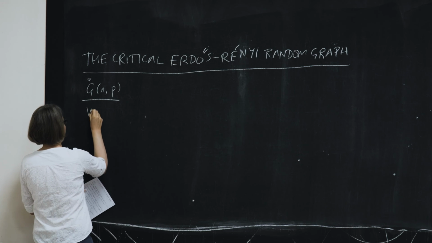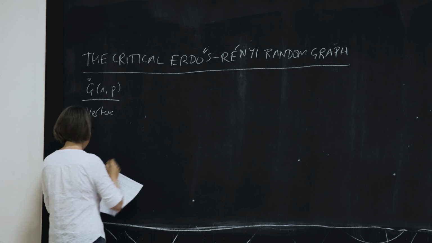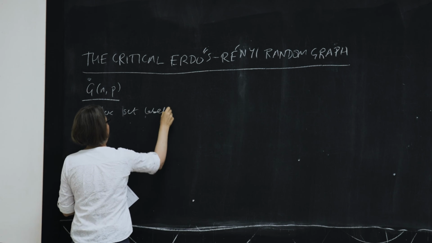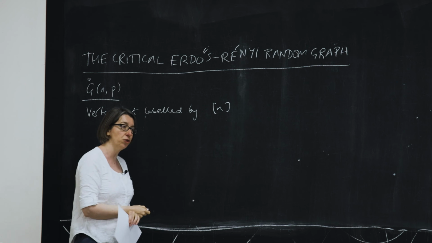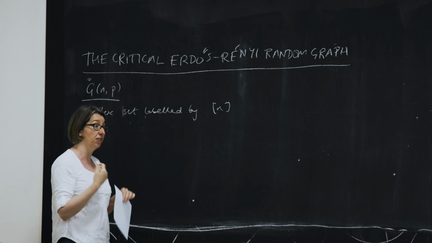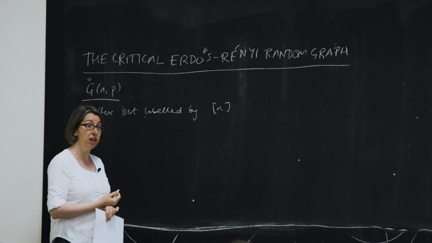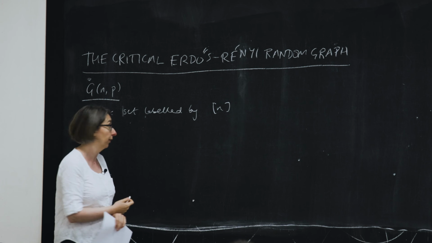Here we have the vertex set, again labelled by the natural numbers 1 up to n. That means that there are n choose 2 possible edges that I might include in this graph, and I'm going to do the simplest thing imaginable: I'm just going to include each possible edge independently with probability p and not otherwise.